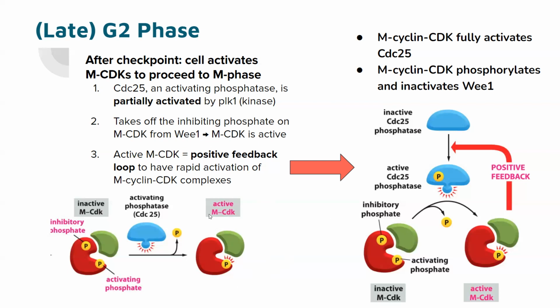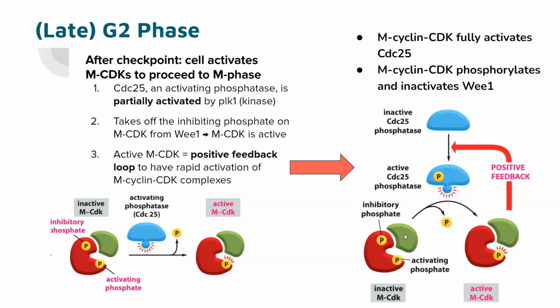Once a few MCDKs are activated, the level of MCDK activity, as you'll see on graphs, accelerates very quickly because there's a positive feedback loop: active MCDK acts as an activator for inactive CDC25 phosphatases, which in turn help activate more of the inactive MCDK by removing more of the phosphates that are inhibiting it.